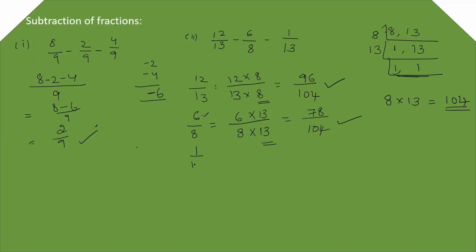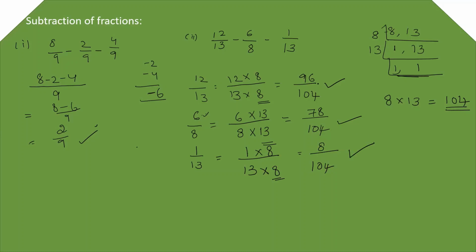Next fraction is 1 by 13. We have 13 here. To get the denominator as 104, we have to multiply 13 with 8. Right? The same number we have to multiply in the numerator. So 1 eight is 8. 8 by 104.